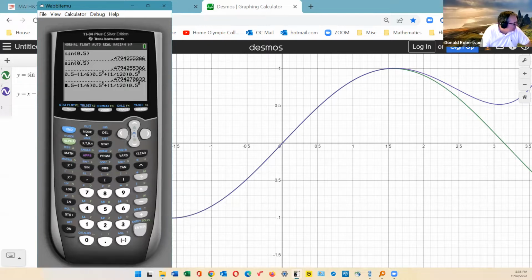Insert a negative. There we go. Did I hit insert? Hit insert, a bracket, and a negative.